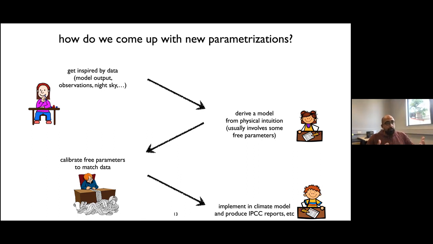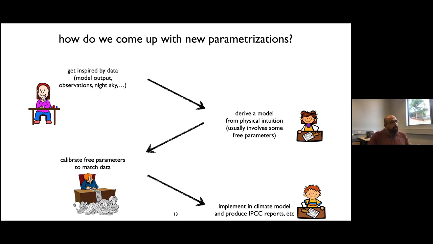This model will, most of the time, have some free parameters. For example, Newton came and gave us the law of gravitation and the laws of motion, and there's a couple of free parameters there, or one, like the gravitational constant.